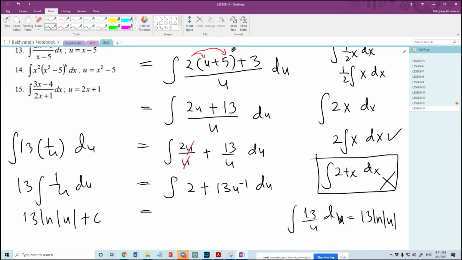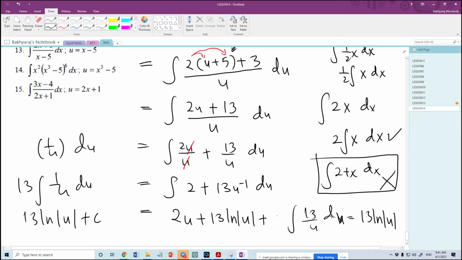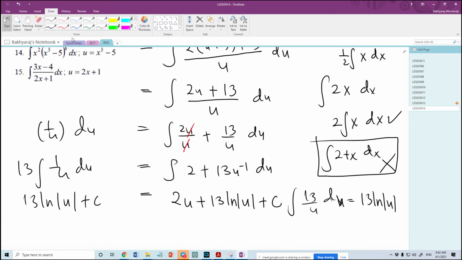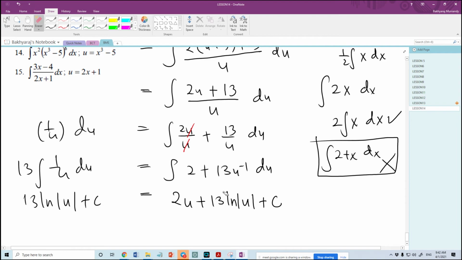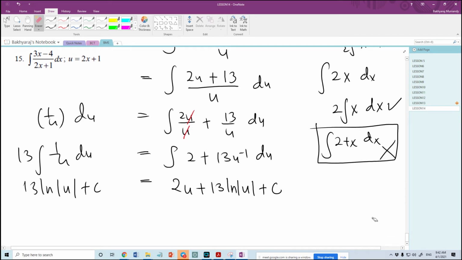Any more question? Kalau tak ada masalah, then we go for the last answer lah. So the last answer will be 2u plus 13 log u plus C. So finally replace what is u lah.